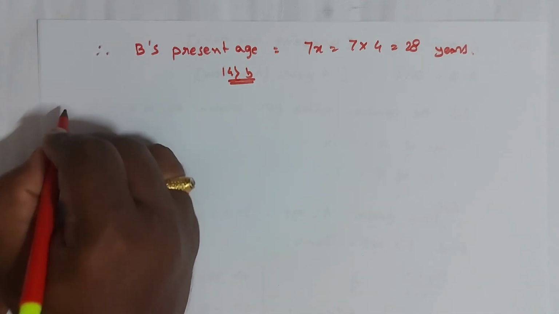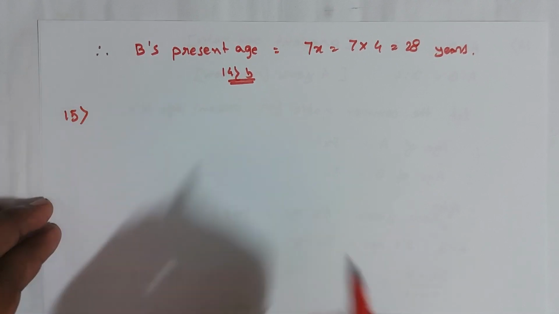Then question number 15. The base of an isosceles triangle is 6 cm and its perimeter is 16 cm. Length of each equal side.